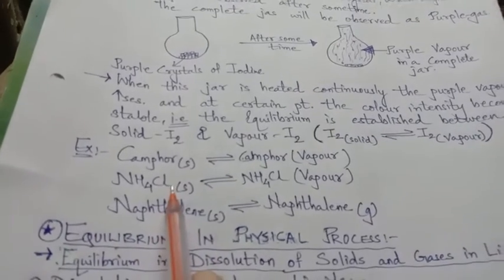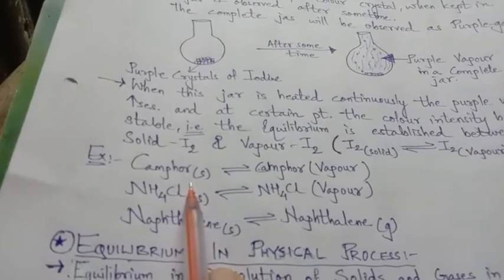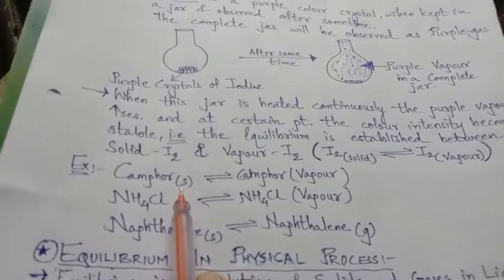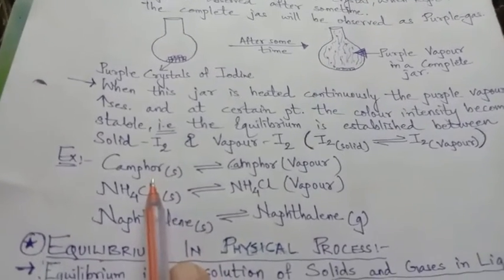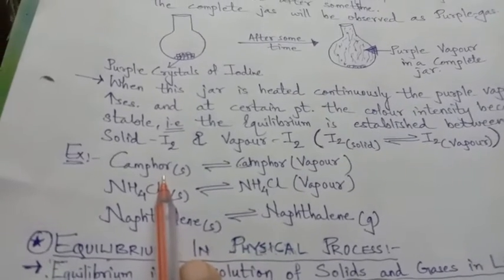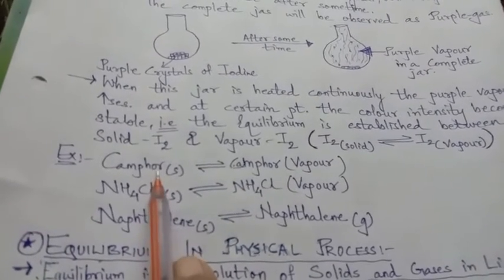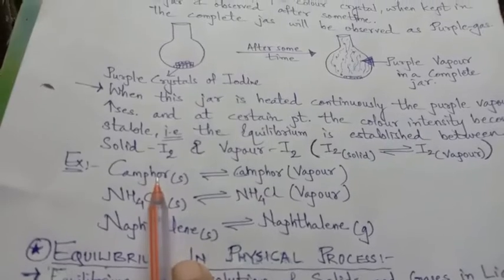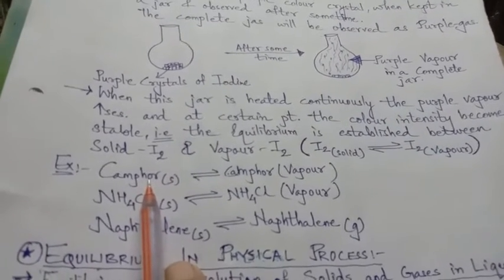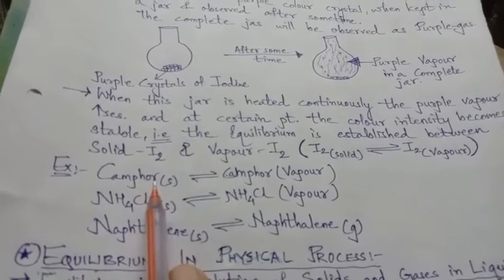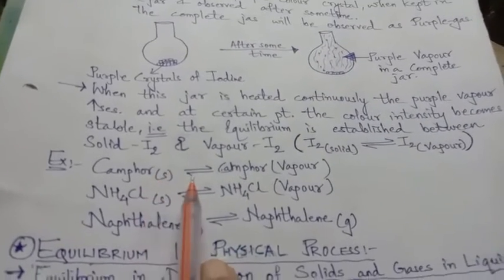naphthalene, and ammonium chloride. Camphor, you know, when we do a prayer to God, when we do arti, we use kapoor in arti. You would have observed that when you put kapoor in the arti flame, it is a solid cube, and due to heat it should convert to liquid.